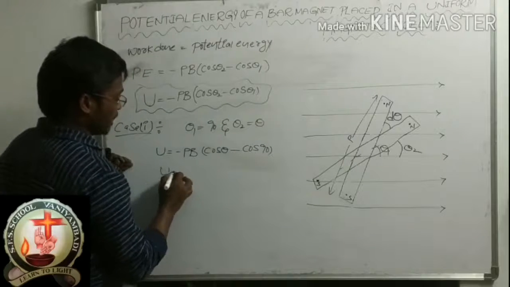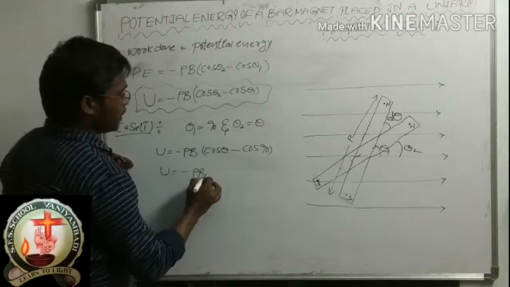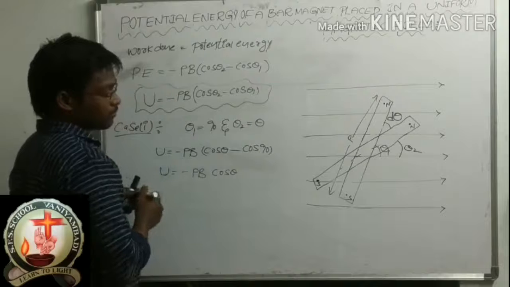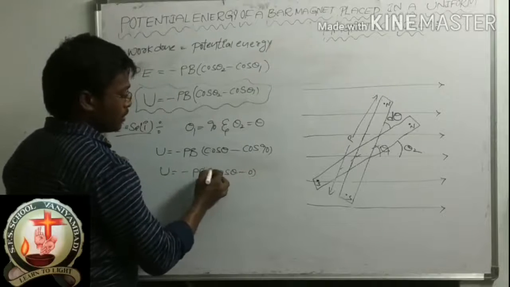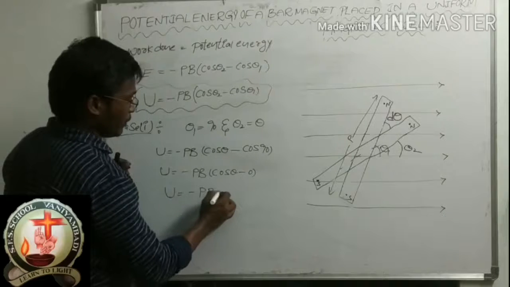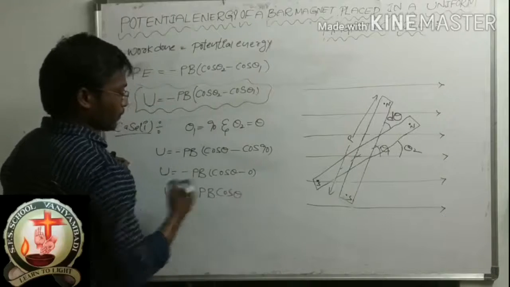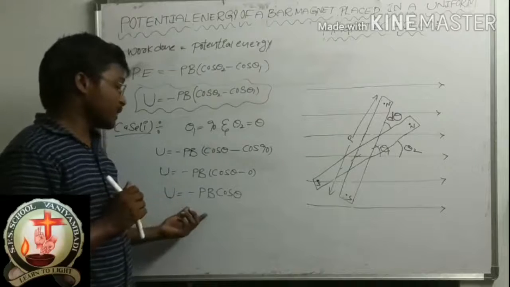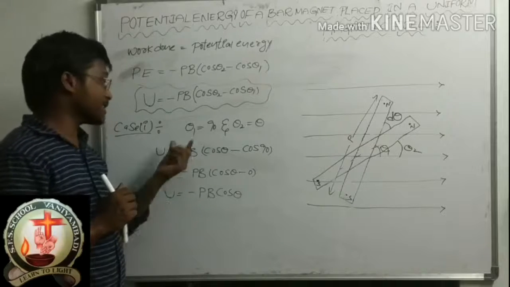So U is equal to minus PB, cos theta minus cos 90, and the cos 90 value is 0. So the final expression is U is equal to minus PB cos theta. This is the expression of the potential energy in case 1.